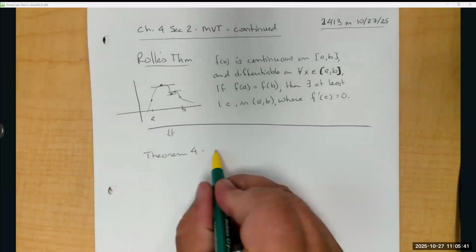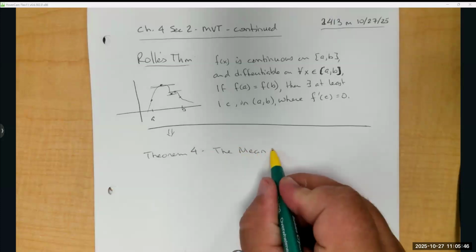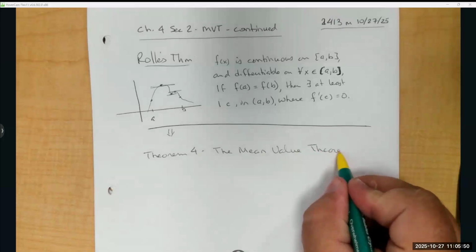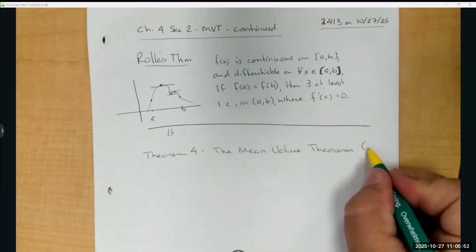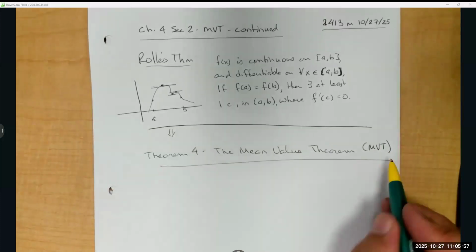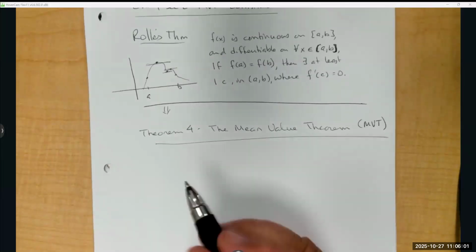Theorem 4. The mean value theorem, which we'll call MVT from here on out. The mean value theorem says this.